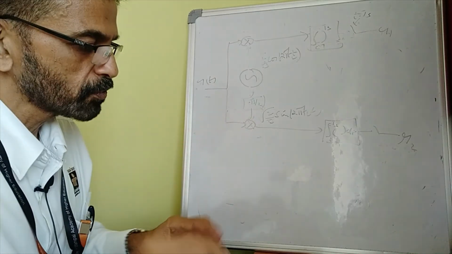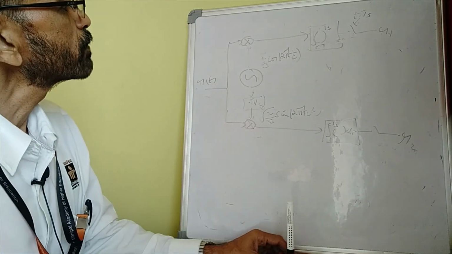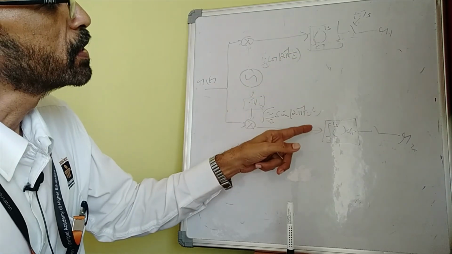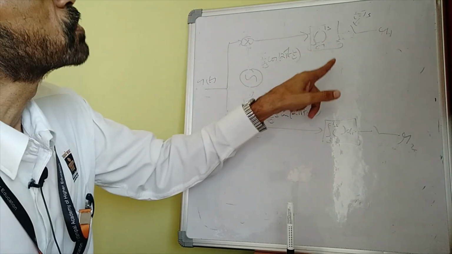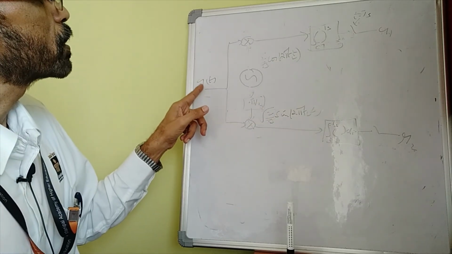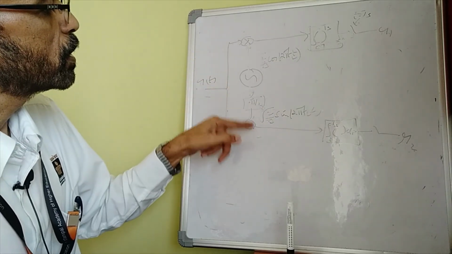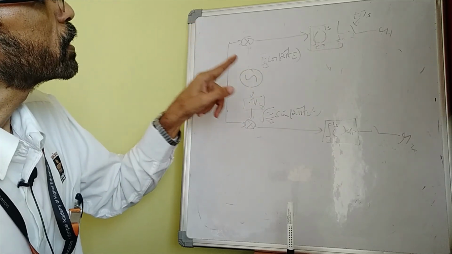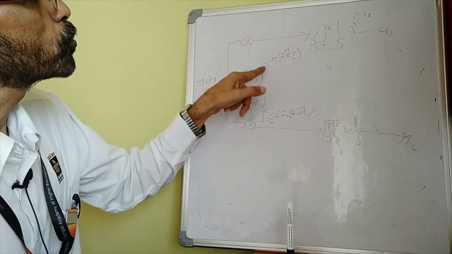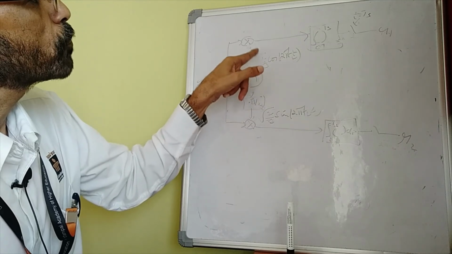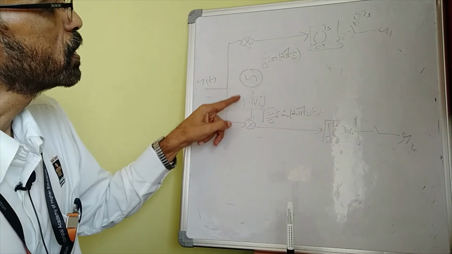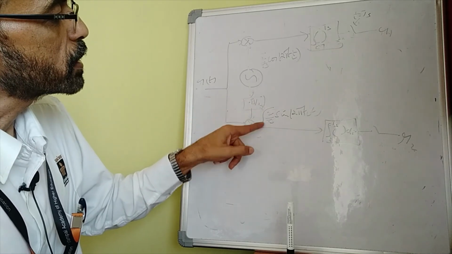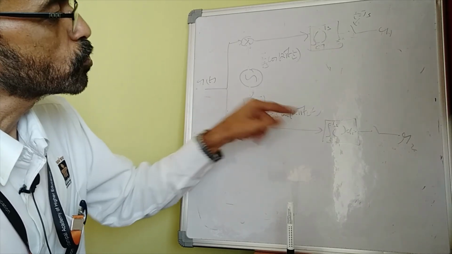So this is the schematic for the receiver. Again, I will quickly explain it. The received signal is split and goes to multipliers. You have a local oscillator whose output is root of 2 by Ts cos 2 pi fct, and that passes through a phase shifter of minus pi by 2 and results in root of 2 by Ts sin 2 pi fct.